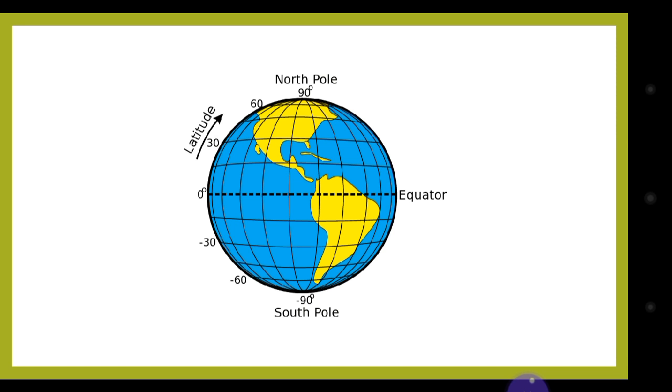On the other hand, the areas far from the equator receive less heat, so they are cooler than the equatorial region. Both the poles, northern and southern, are situated far from the equator. Therefore, these regions have a cold climate.